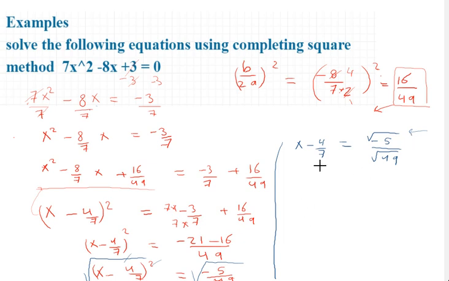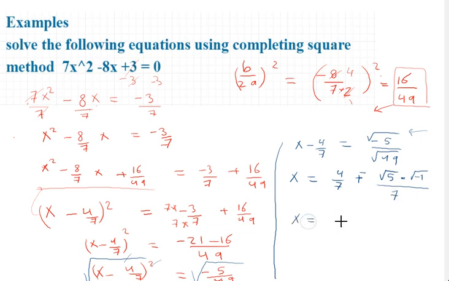We know the square root doesn't have a minus sign inside, so x equals 4/7 plus or minus the square root of 5 multiplied by the square root of minus 1, over the square root of 49, which is 7.